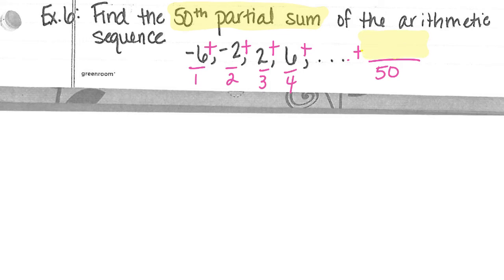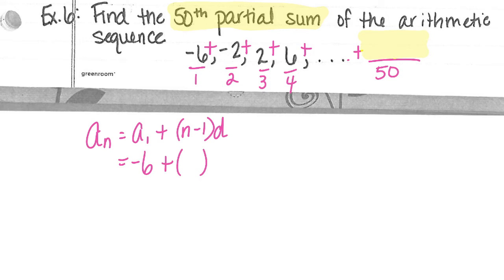And I can find that out by using our original sequence. a sub 1 plus n minus 1 times the common difference. Well, a sub 1 is negative 6. I'm looking for the 50th number, so I'm going to put 50 minus 1, and multiply that by the common difference. To go from negative 6 to negative 2 to 2 to 6, how much am I going up by?